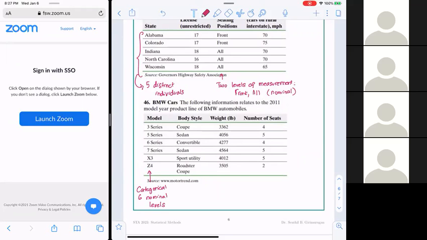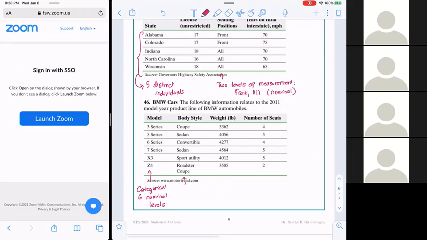So the body style here, we have coupe, sedan, roadster coupe, sport utility. It looks like there are 1, 2, 3, 4, 5 unique levels.